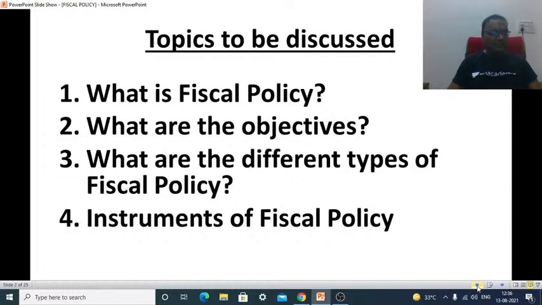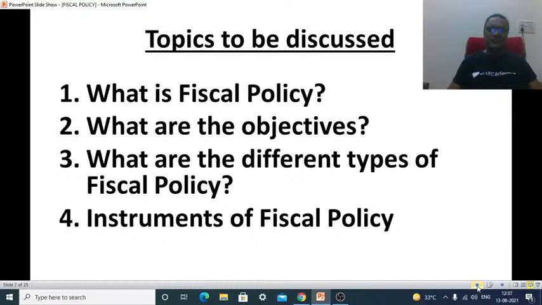Next, second important component of revenue expenditure is what we call subsidies. What are these subsidies? Subsidies are called transfer payments. Transfer payments from the government to the citizens. Subsidies are also called negative taxes. In case of taxes, what happens?